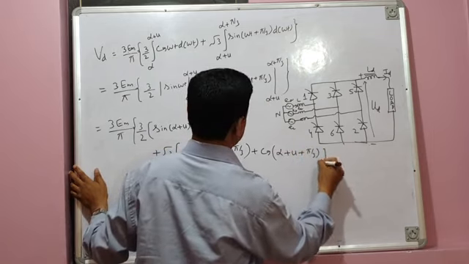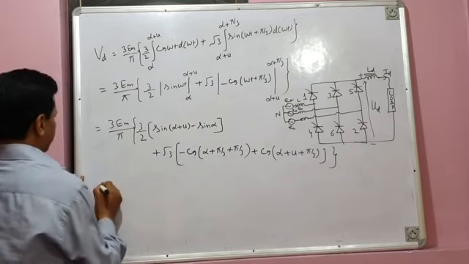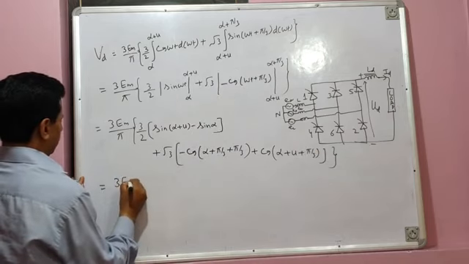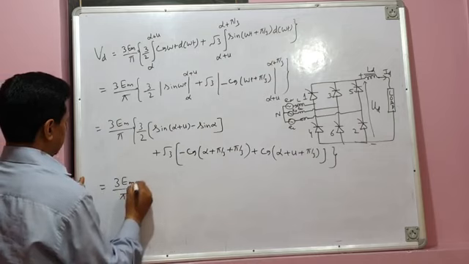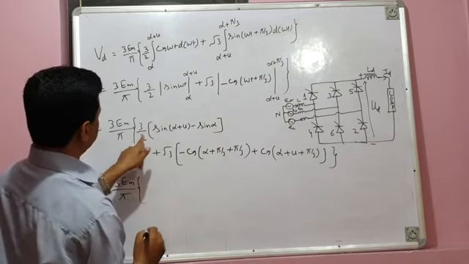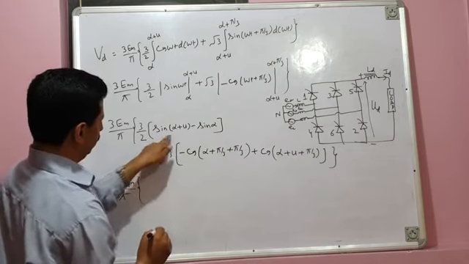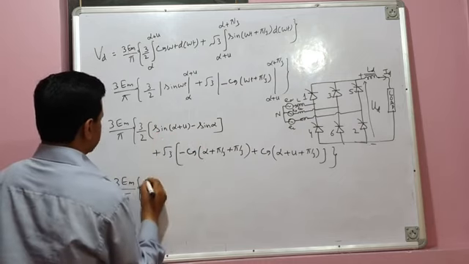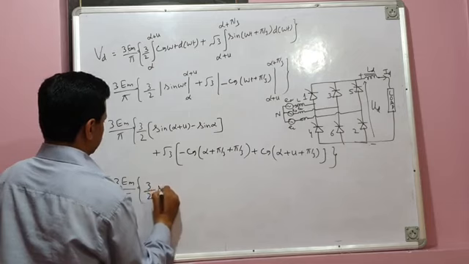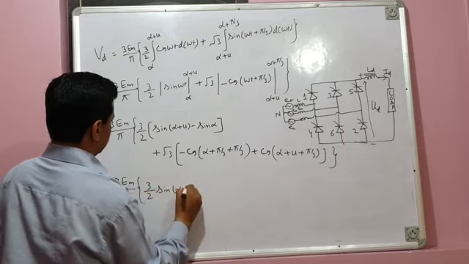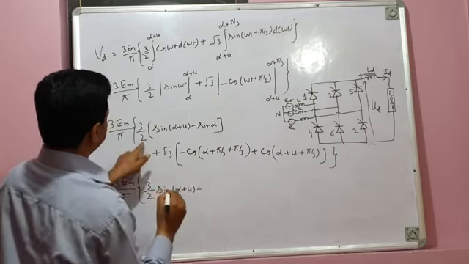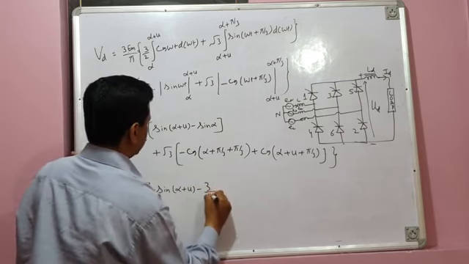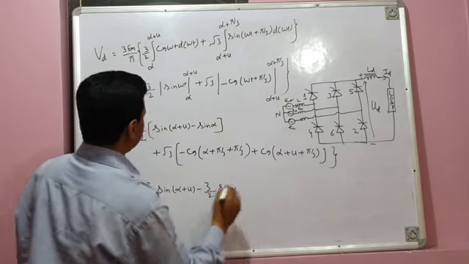So this is the second integral. This is further equal to 3 Em by pi times, now I can multiply both terms with 3 by 2. So the first term will be 3 by 2 into sine of alpha plus u, minus the second term, 3 by 2 into sine alpha.